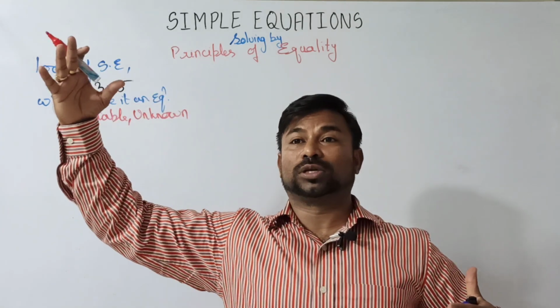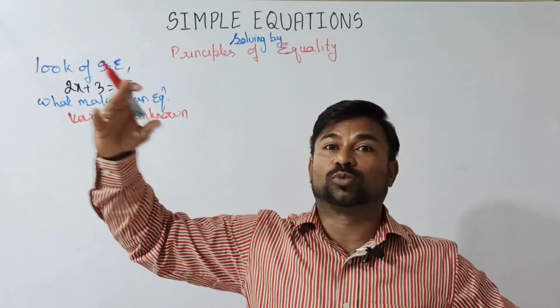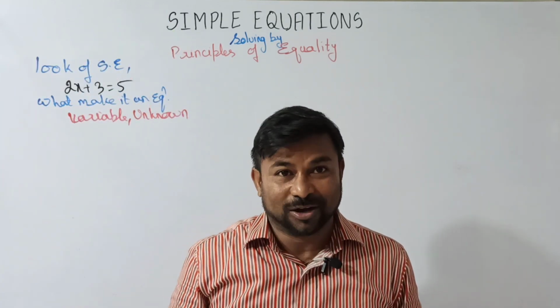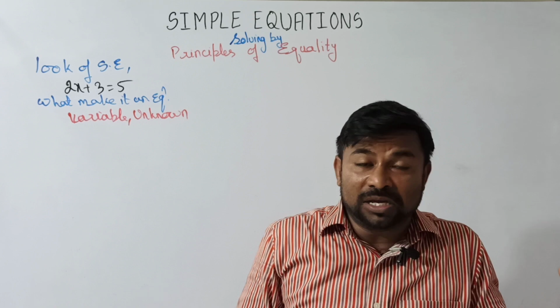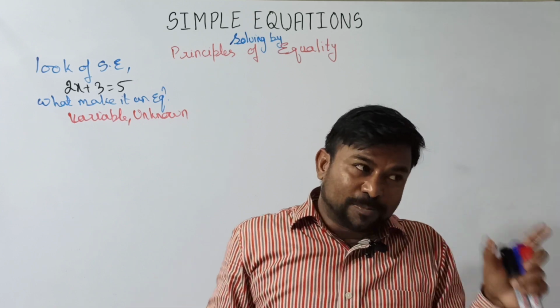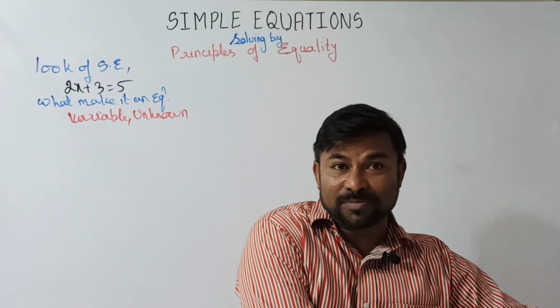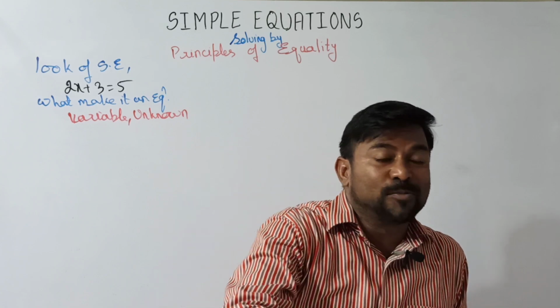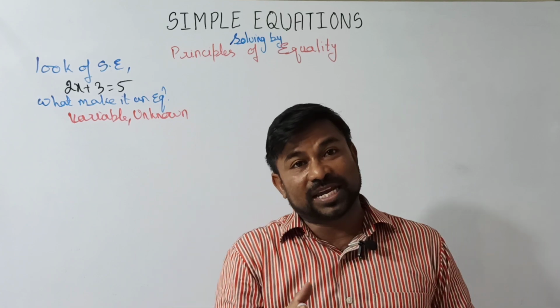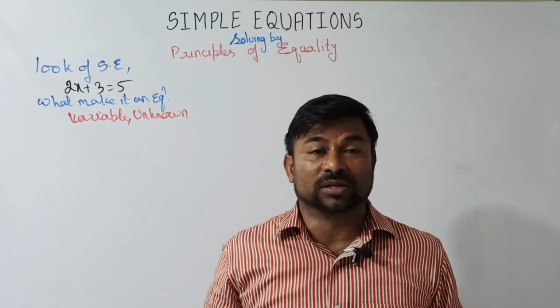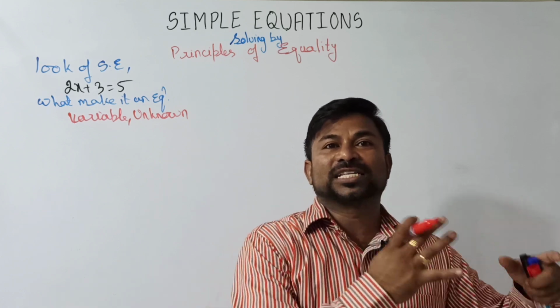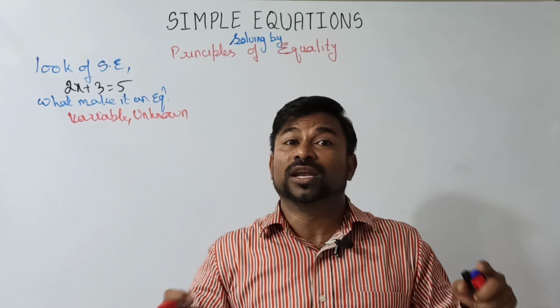The total amount is 15. The first day money we don't know, it's an unknown. In the place of that we keep X. So X is the first day money plus the 10 mom has given, X plus 10, and the total equals 15. X plus 10 equals 15.